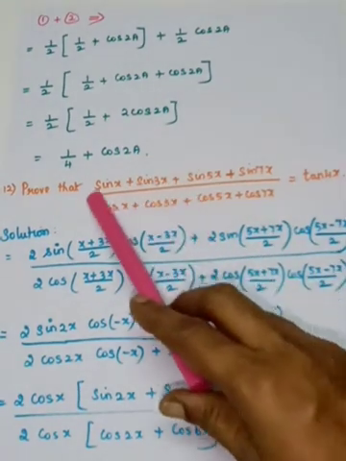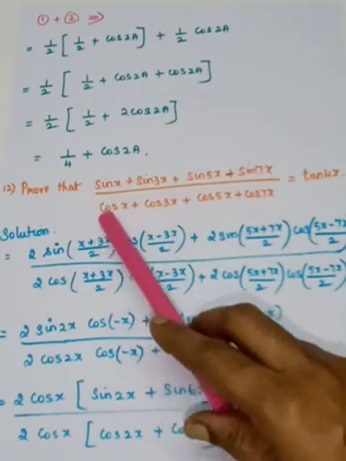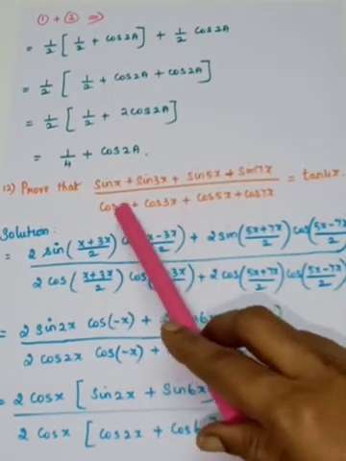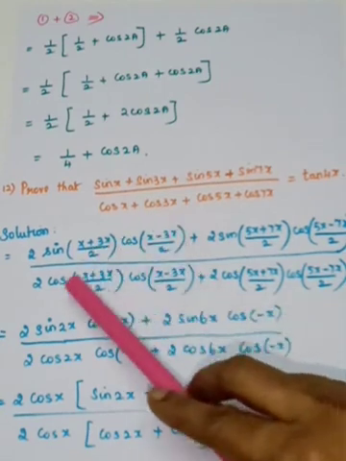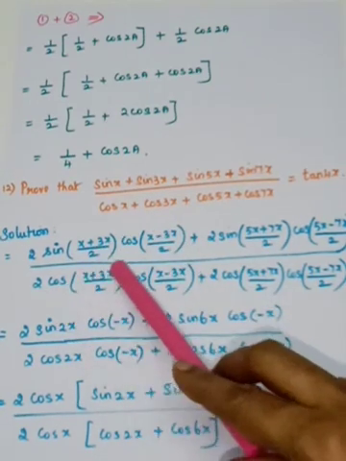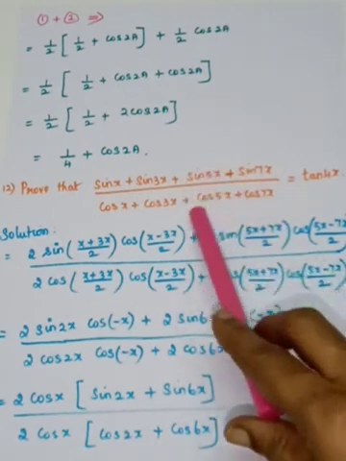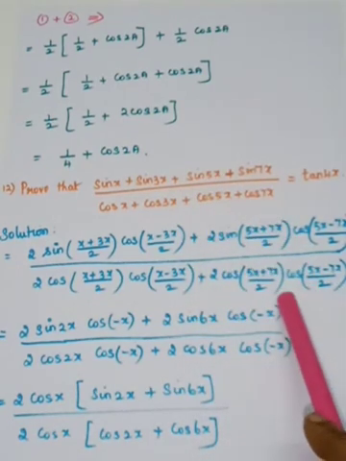Coming to the denominator, combine the first two terms. It is in the form of cos C plus cos D. If cos C plus cos D comes, your answer is 2 cos (C plus D) by 2 cos (C minus D) by 2. Here also you have the same formula.